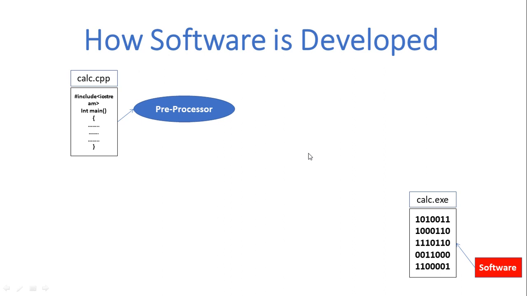The job of the preprocessor is to search for instructions in our code that start with hash. If the instruction starts with hash include and then a file name, it will search for the particular file, which is called a header file.